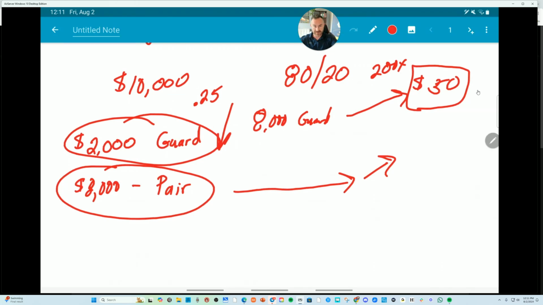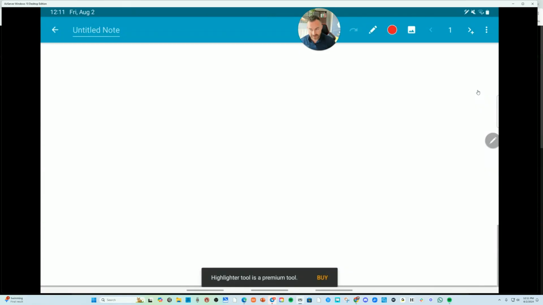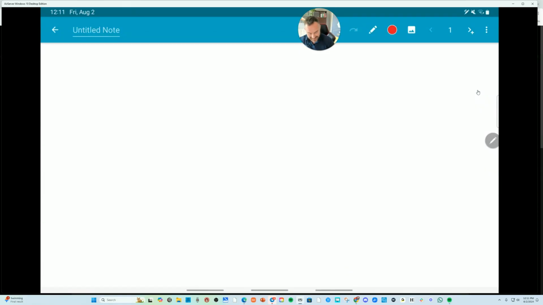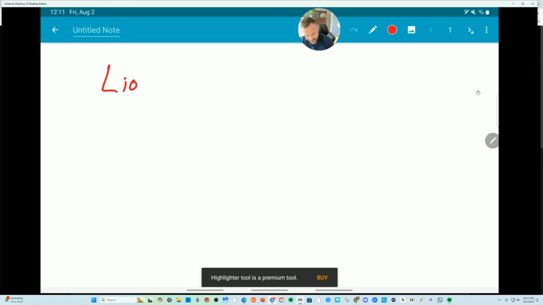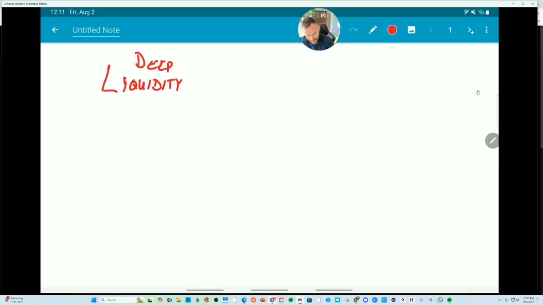So I know that there's a lot of variables here and a lot of things to consider. All I want to do, because I don't want these videos to go on too long, is just highlight that deep liquidity equals stability on a project.